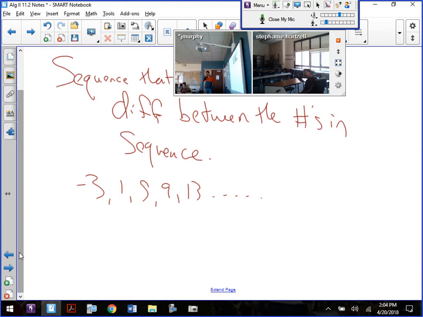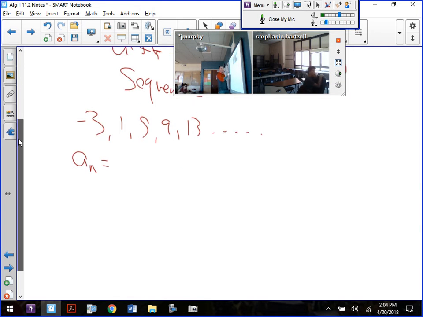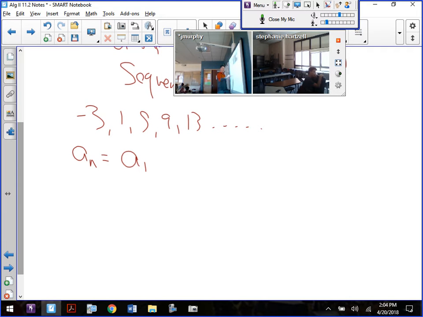And what we do is we write this in terms of an nth rule still. The rule for an arithmetic sequence has the exact same generic terms. We're always going to talk about having the first term, and then we add to it n minus 1 times the common difference.